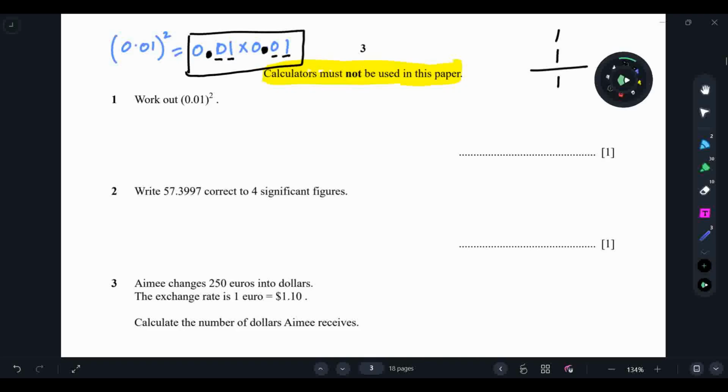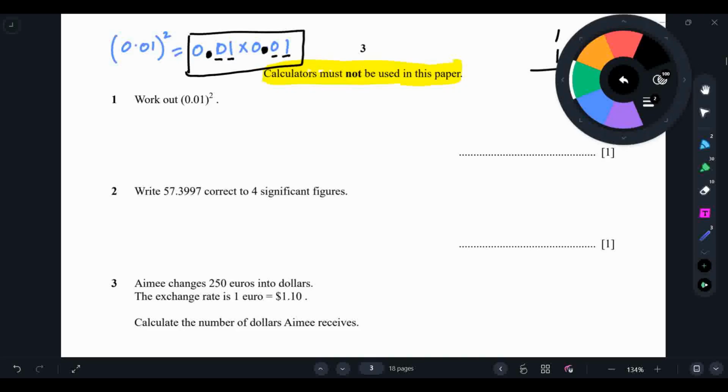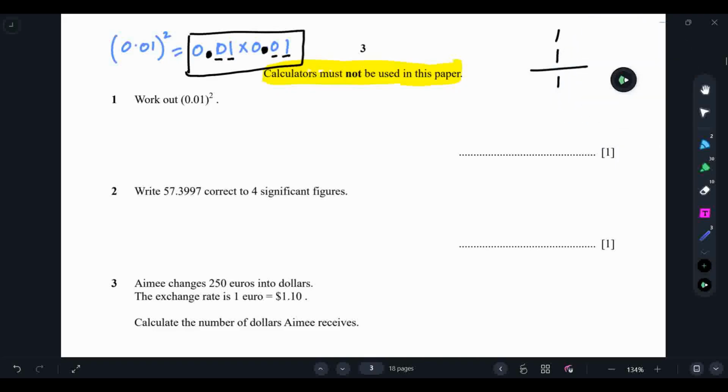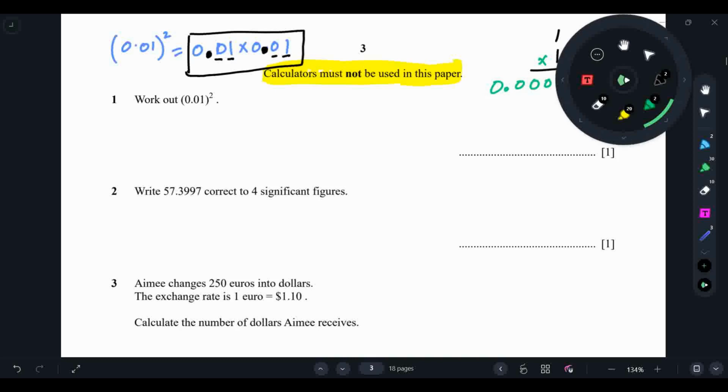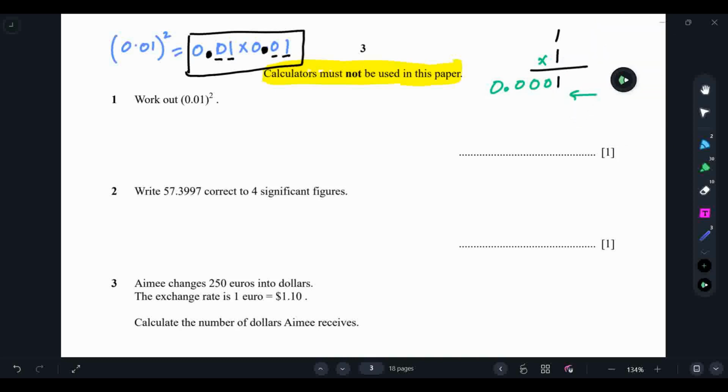So what we have to do is count from the rightmost digit, and it is 1, then 2, 3 and 4. So the total number of digits after the decimal, we have to count like from here. We need to move 4 digits towards the left side.